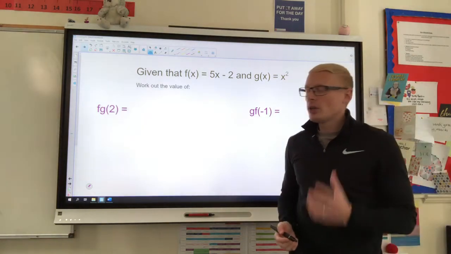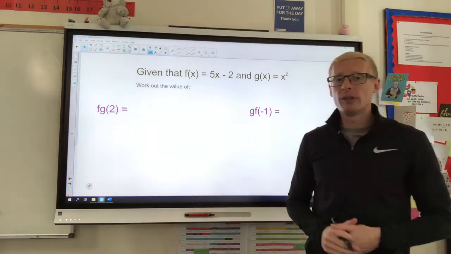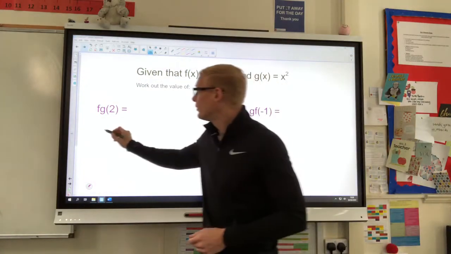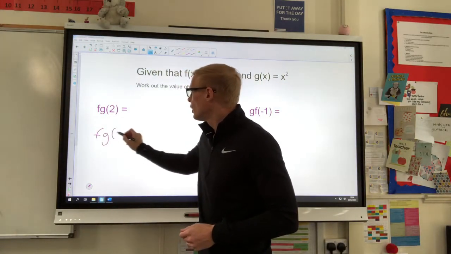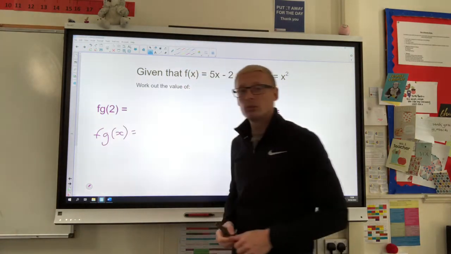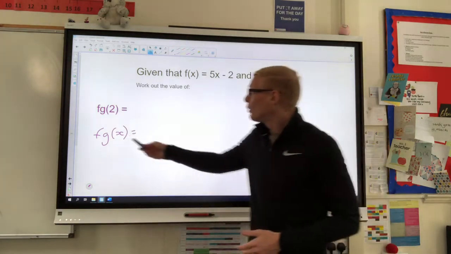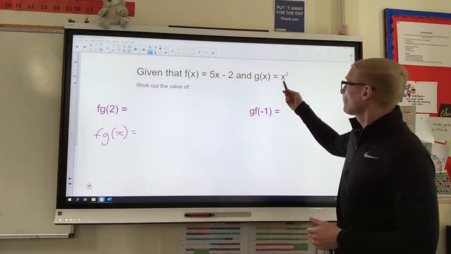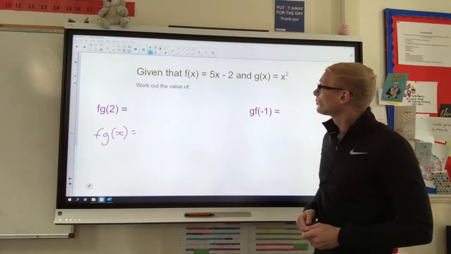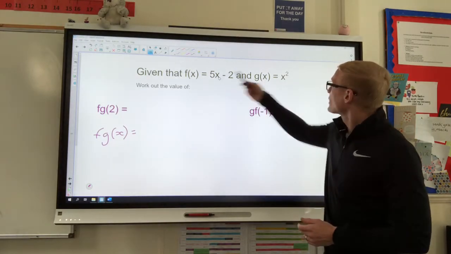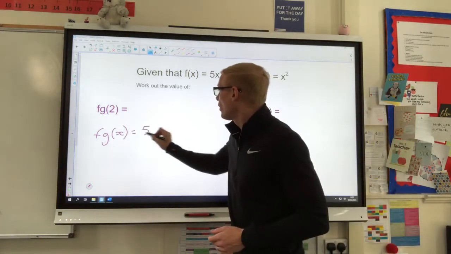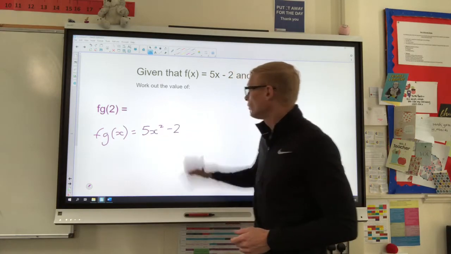So, the first option is to do what we did in the previous lesson, which is to work out what f of g of x is first of all. So to work out that composite function, we would put g into f. So we replace x there with x squared, so you get 5x squared minus 2.